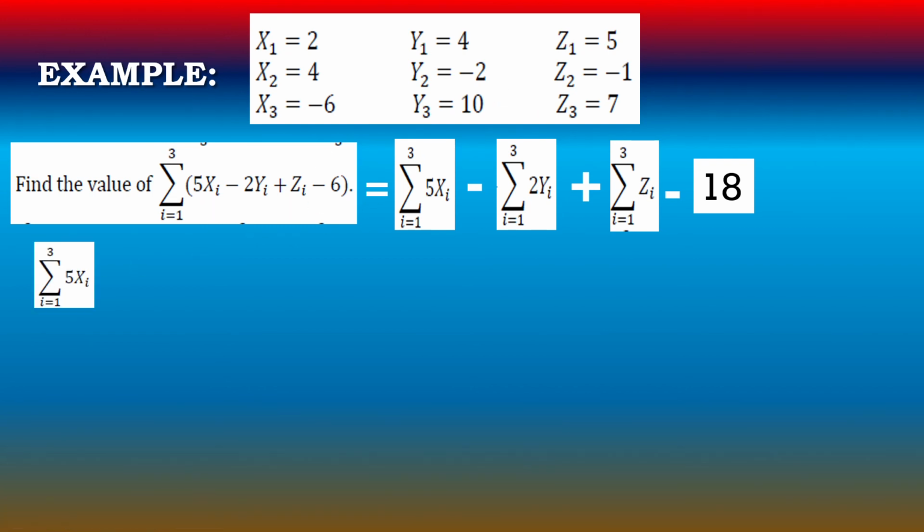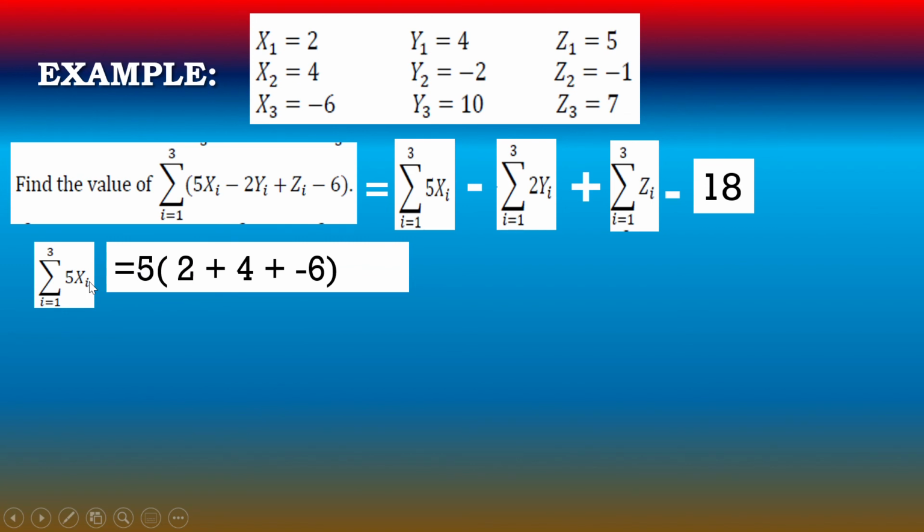Then, solve natin yung first term. Ito yung first term. So, x sub I start with 1. Dahil x, sa x tayo titingin. So, x sub 1 is 5. Ihiwalay muna natin si 5. Add muna natin yung 2 plus 4 plus negative 6. So, saan galing yun? So, 1, 2, 3.